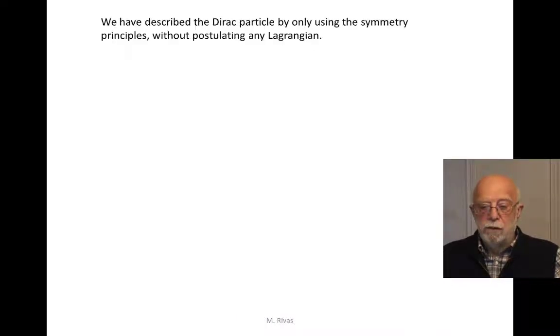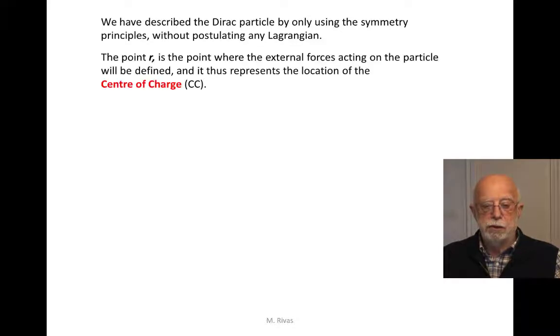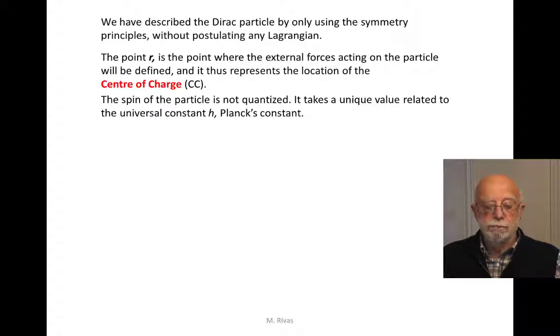Okay, we have described this Dirac particle by only using symmetry principles and without postulating any Lagrangian. The point r is the point where the external forces acting on the particle will be defined and thus represents the location of the center of charge. The spin of the particle is not quantized.